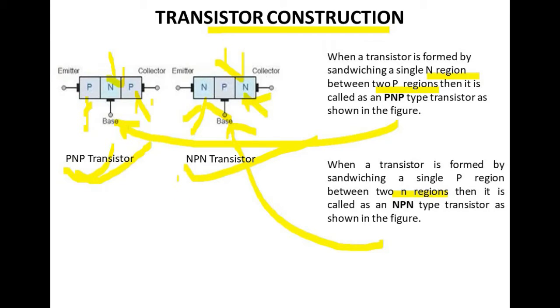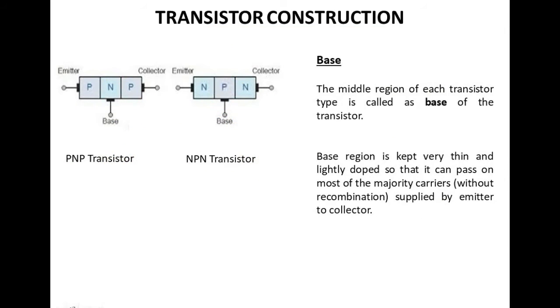That is why it is called an NPN transistor. Transistor has three sections, or we say transistor has three terminals. Here we see emitter, base and collector in the PNP type, and the same goes for the NPN transistor: emitter, base and collector.